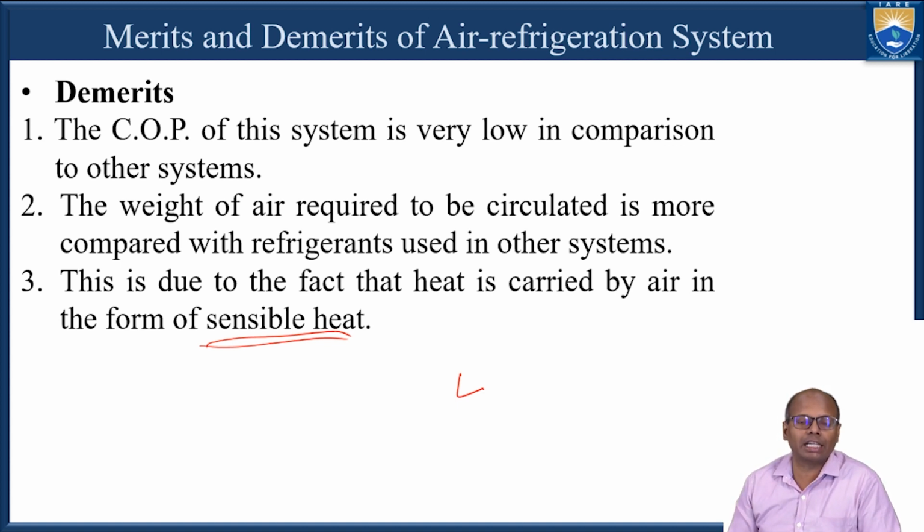The second one we have to remember is in the vapor compression refrigeration cycle, we are using the phase change, or we are using the latent heat of the liquids, and in case of the reversed Brayton cycle, we are restricted to use only the sensible heat because there is no phase change. Because of that, the mass of air required is more than the mass of refrigerant required in the VCR for the same refrigeration effect.